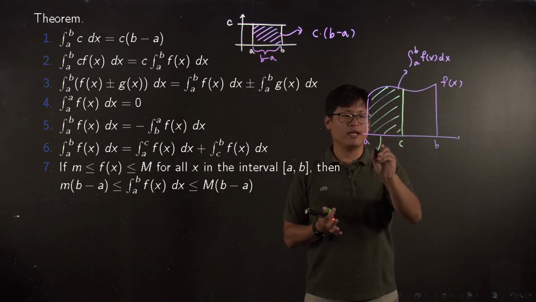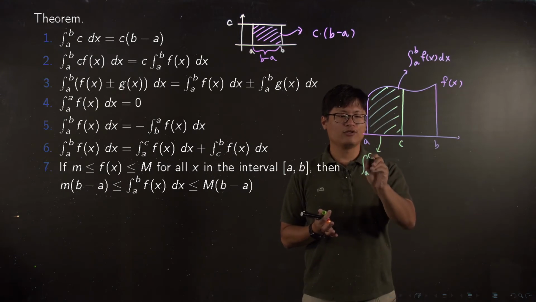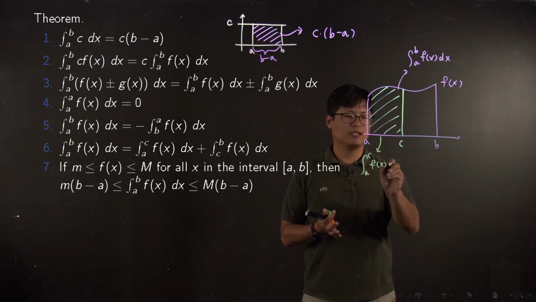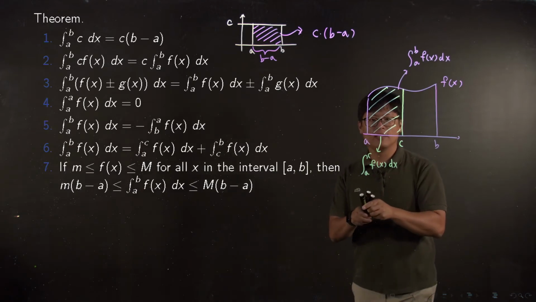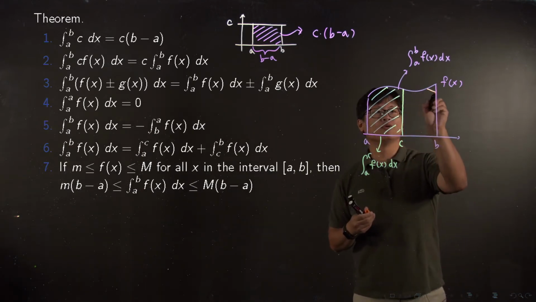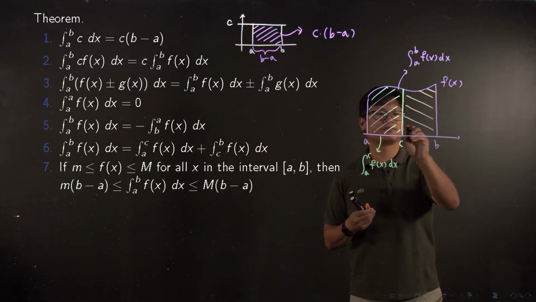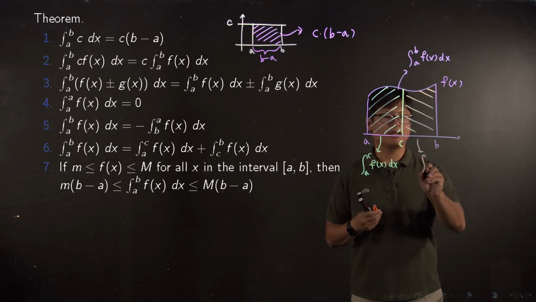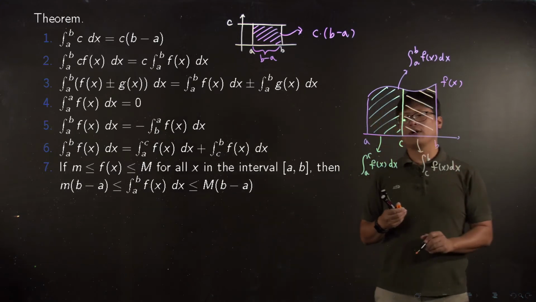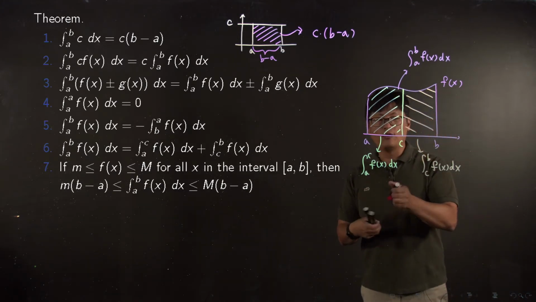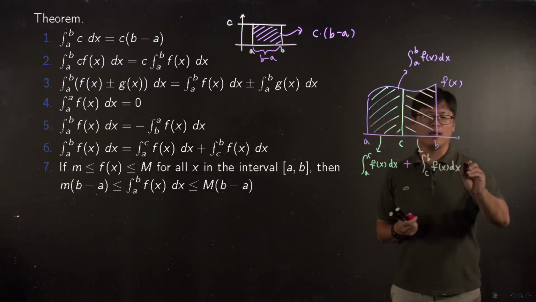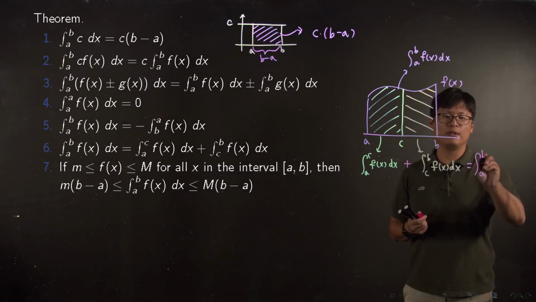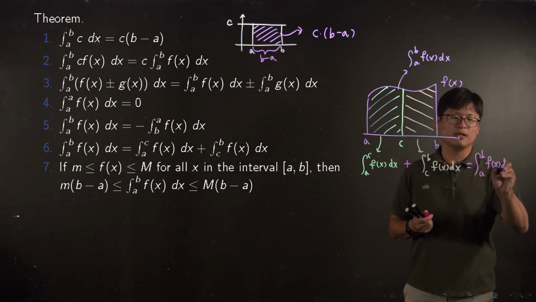Then we know the area of this part is the integral from a to c of f of x dx. Then you do the leftover later, the integral from c to b of f of x dx. When you add up these two, you get the area from a to b of f of x dx.